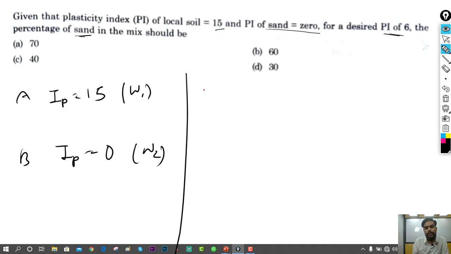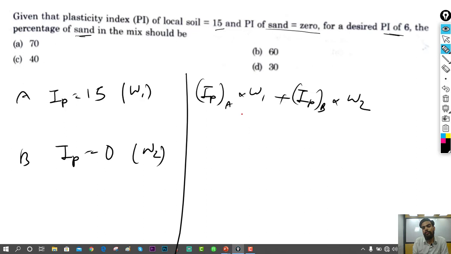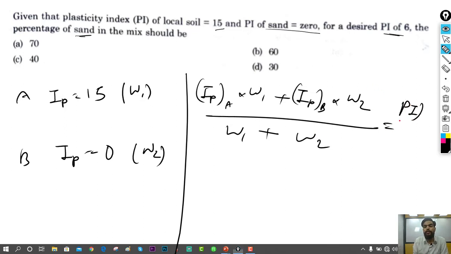So we can say that IP of soil A multiplied by weight of soil A, plus IP of soil B multiplied by weight of soil B, divided by W1 plus W2, gives us the plasticity index of the desired soil. This means when we mix both these soils, our desired plasticity index comes out, that is 6.